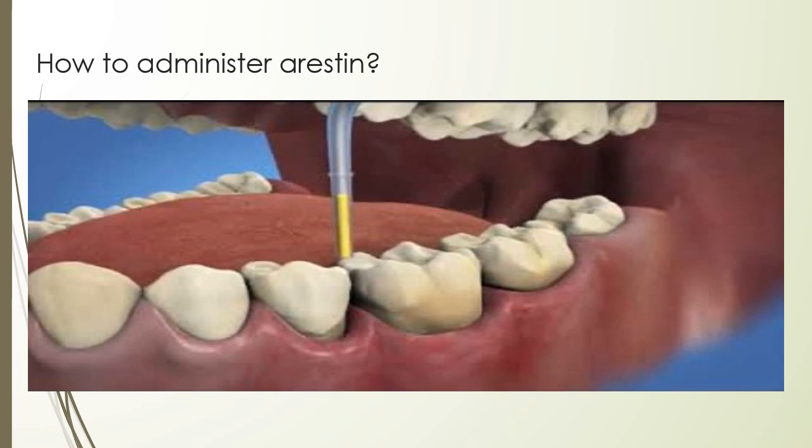Press the thumb ring as you pull the tip slowly away from the base of the pocket to evenly dispense all of the Arestin. To discard the spent cartridge, retract the thumb ring and remove it. Then either insert a new cartridge to continue treatment or sterilize the handle so it's ready to use for the next appropriate periodontal patient.